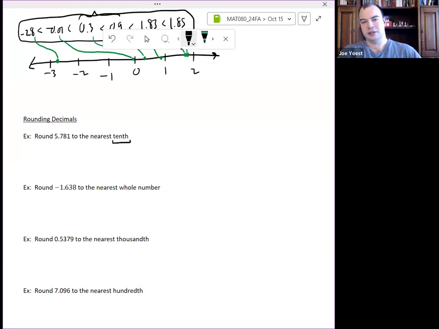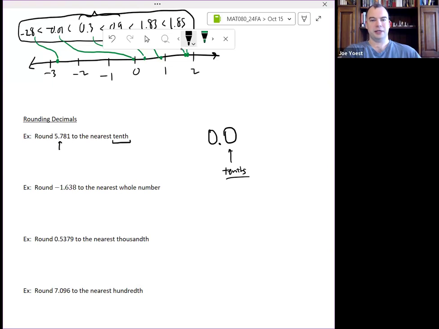So I want to round to the nearest tenth. So I want something dot something, and this is the tenths place. I want to only end up with one number after the decimal place.